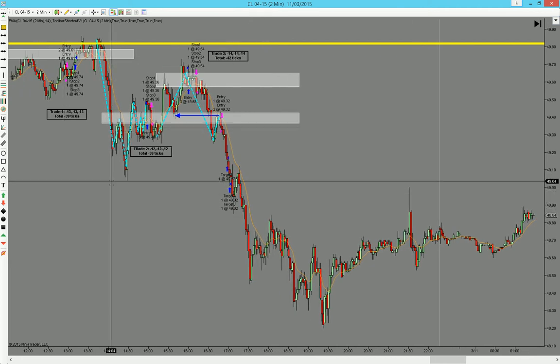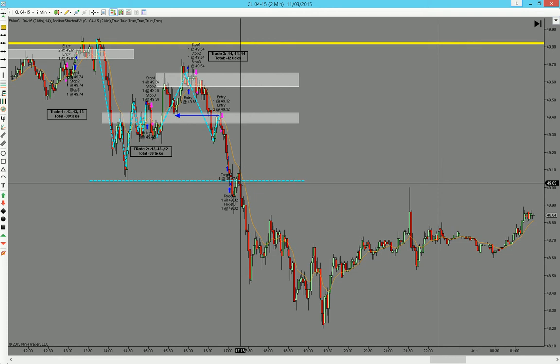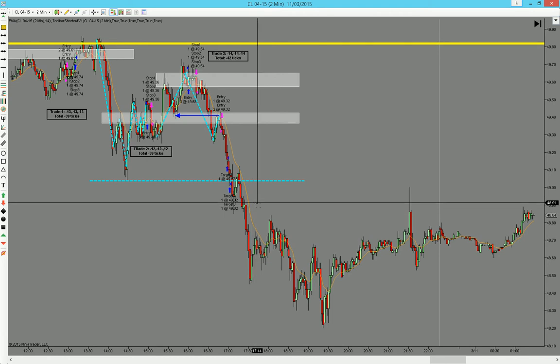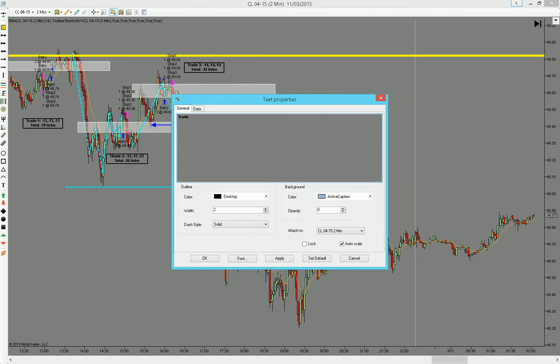It was sitting right below the lower low of the day. So I decided to take 2 contracts off at 13 instead of one at 13 and the other at 14. So trade 4, plus 15, plus 13, total 75.5 ticks.